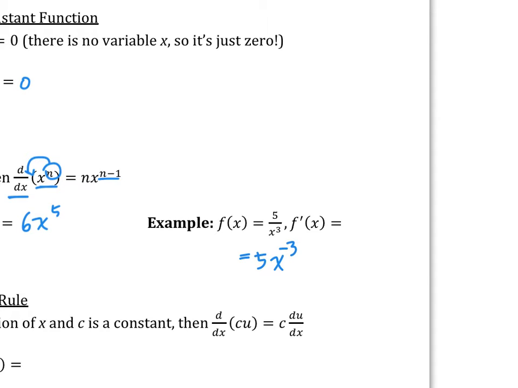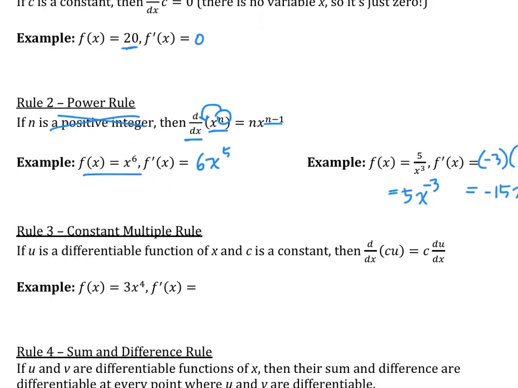Then the power rule says take the power and put it in front as a coefficient, times the original coefficient, and then x to the power minus 1. That's negative 4. Please be careful with negative 4, not negative 2. So this becomes negative 15 x to the negative 4. That's the second rule, power rule.